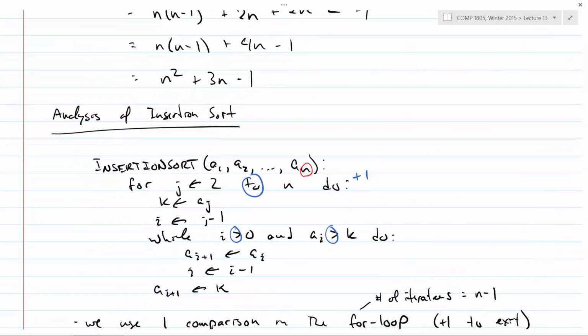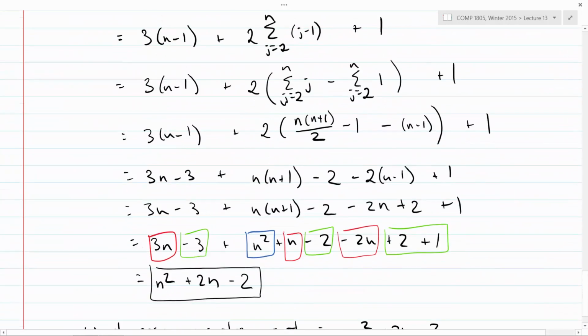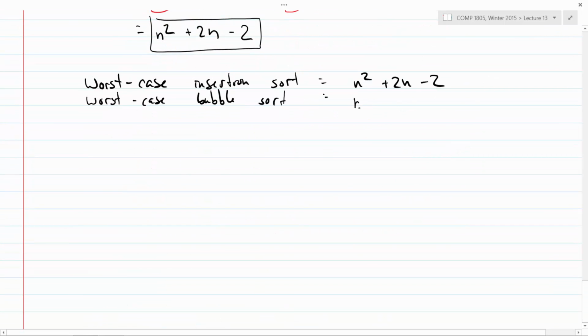It was n squared plus 3n minus 1. So how do these two algorithms compare? Insertion sort seems like it's faster when you count comparisons.